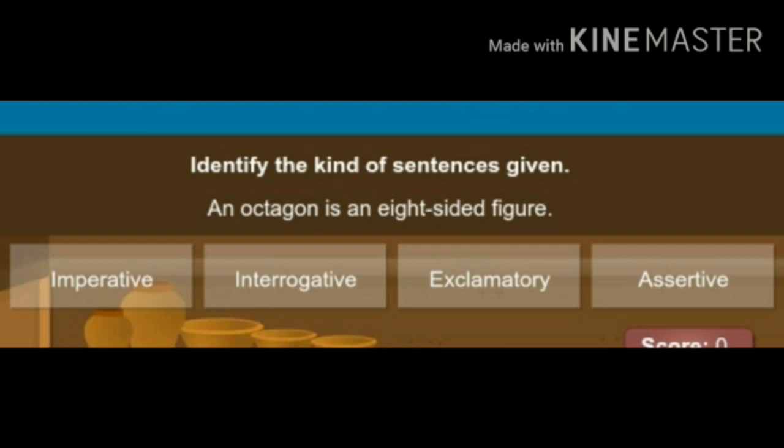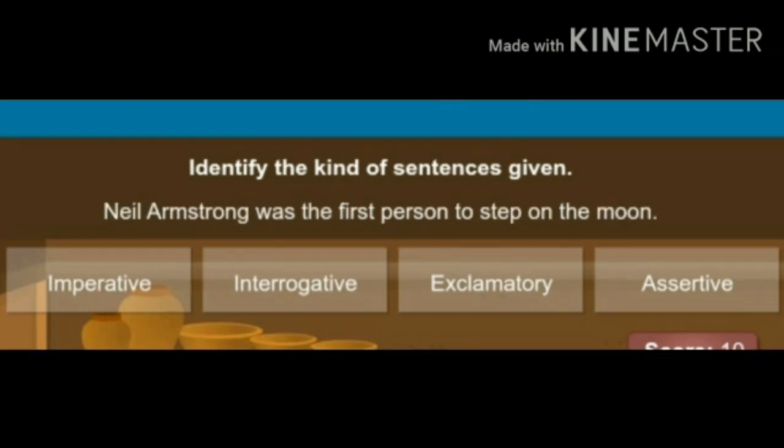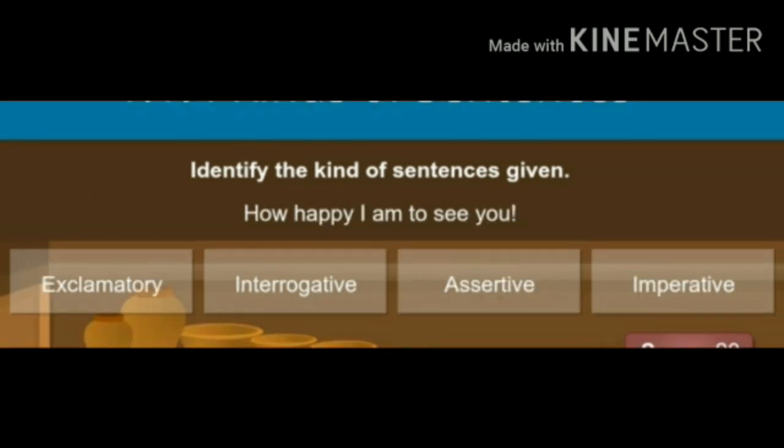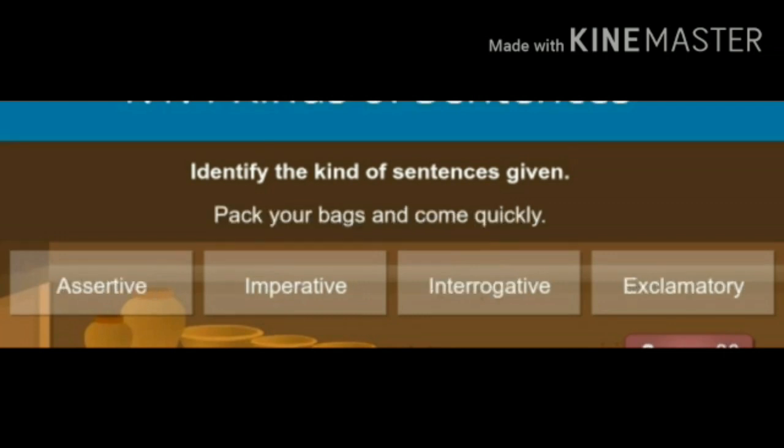Here are some more sentences for you. An octagon is an eight-sided figure. Neil Armstrong was the first person to step on the moon. How happy I am to see you. Pack your bags and come quickly.